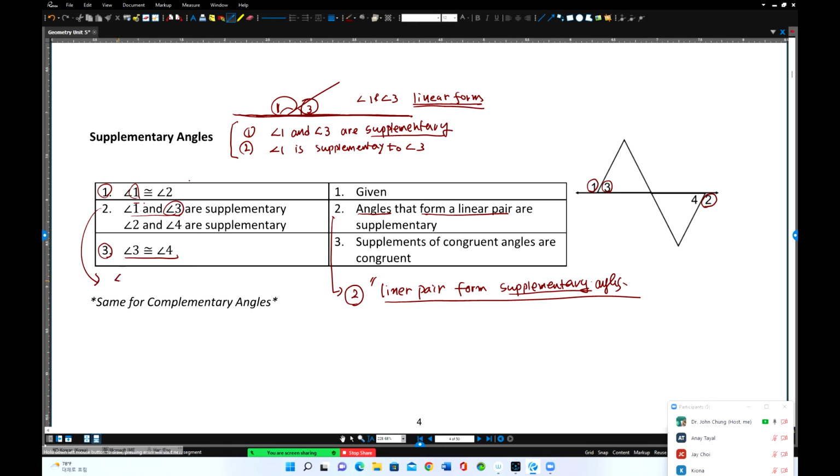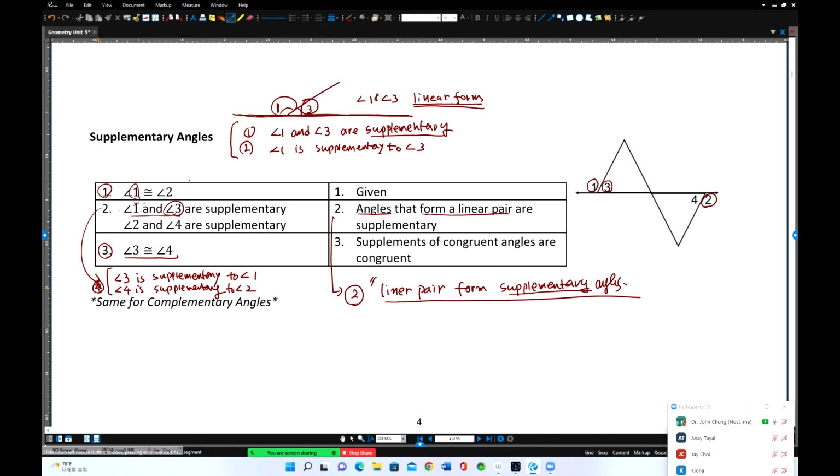From here, angle 3 is supplementary to angle 1. Or angle 4 is supplementary to angle 2. I like this one. You can use this, is okay too. This is better.